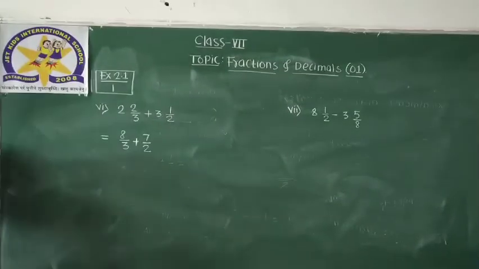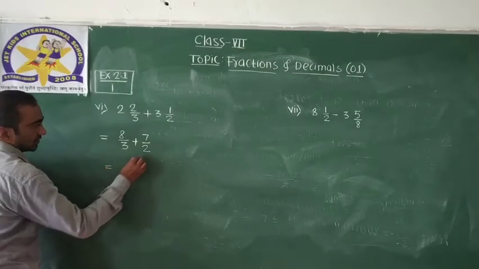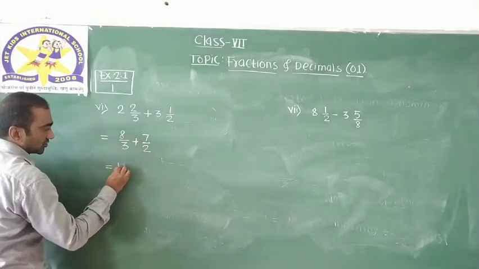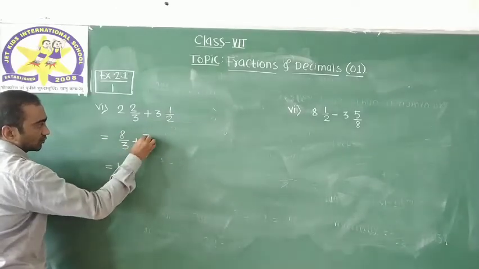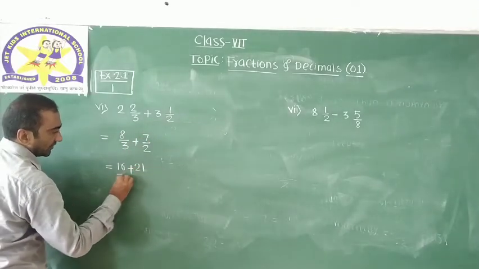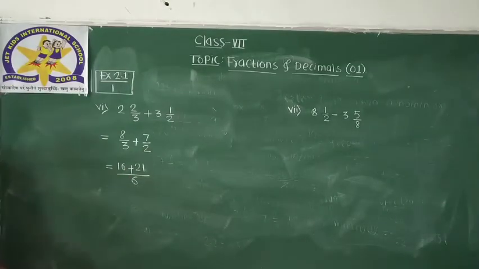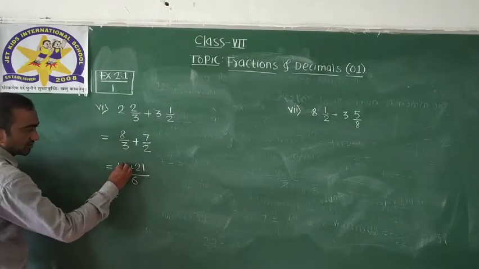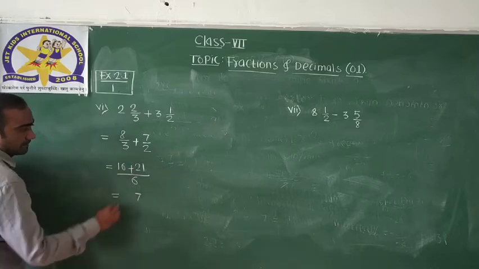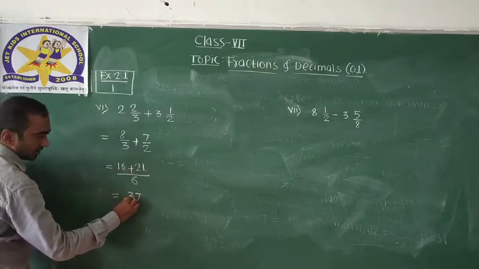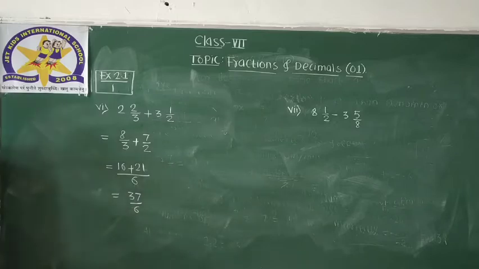Now here we can make cross multiplication. 8 into 2, 16, 3 into 7, 21 divided by 3 into 2, 6. Make the sum in numerator. 16 plus 21, 37 divided by 6.